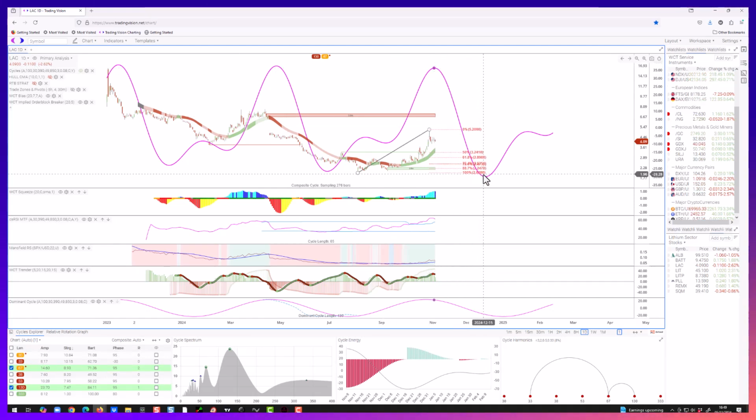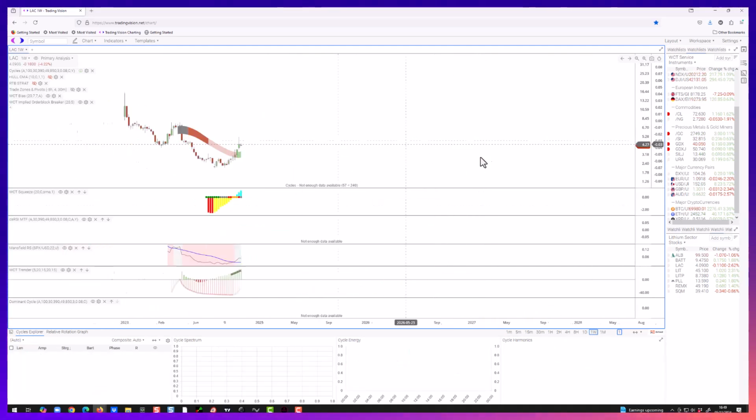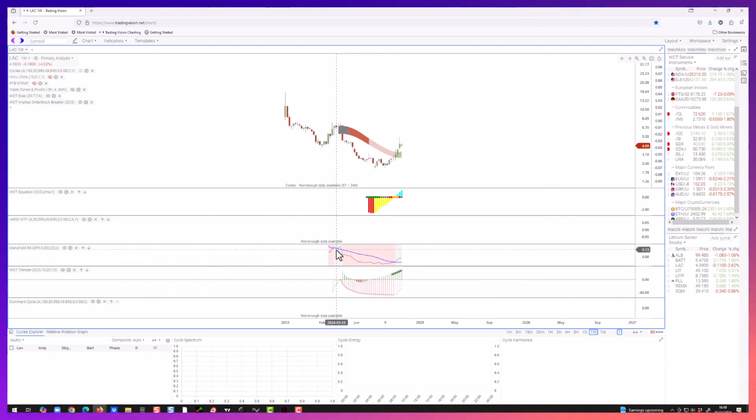I'm looking for a move back into late December, and then the next move up. If I take that up to a weekly time frame, we don't have the benefit of weekly cycles, as we don't have enough history for them to do a meaningful analysis. But what you can see is we do have a buy signal on the Mansfield, and we've broken the weekly downtrend.